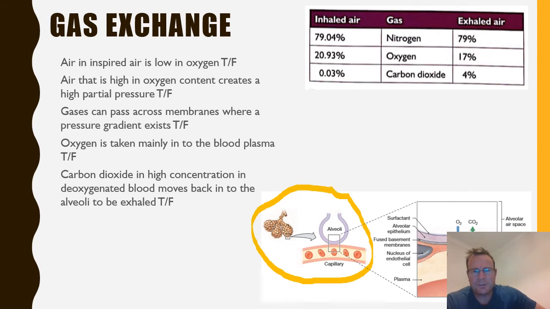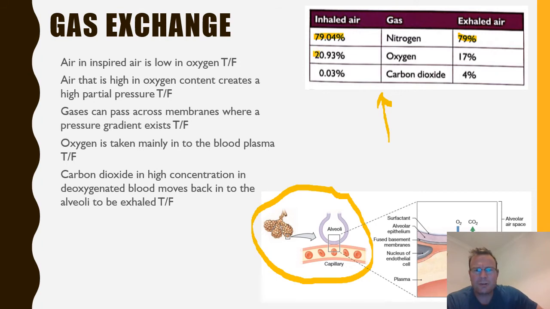It's also worth drawing your attention to the little table up here, from the course book, which shows that inhaled air has around 79% nitrogen, and we exhale 79% nitrogen, so we're not taking any of it in. It's a relatively inert gas for us.